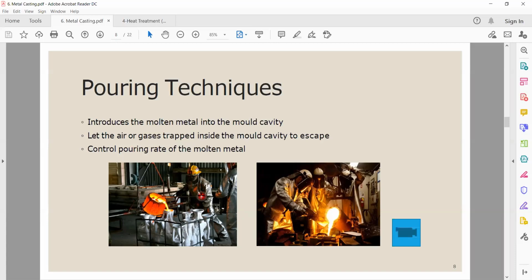So you have to make sure the air or gas bubbles trapped inside the cavity can escape, right? Otherwise you cannot get the desired shape of your casted component, right? So these two things you have to consider when pouring the molten metal: the pouring rate, and the gas or air bubbles should escape from the cavity, right?